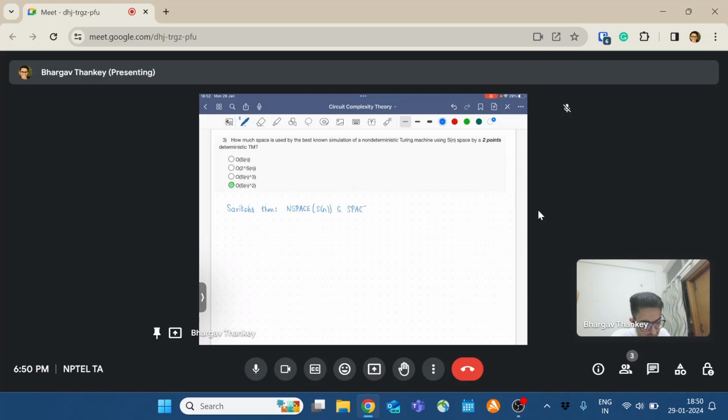When we do this recursively, we reduce the path length by half. If from S to an intermediate node U we find a path of length n by two, and from U to T we find a path of n by two, we accept. Otherwise, if it's not true for any node, we reject.